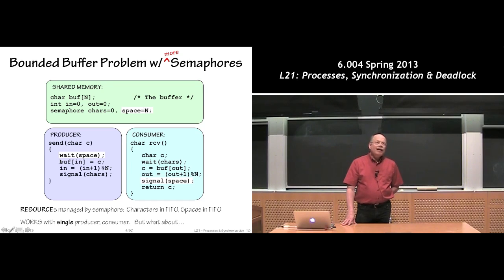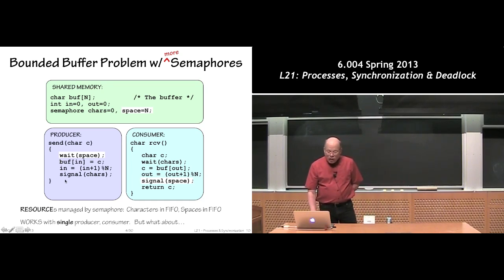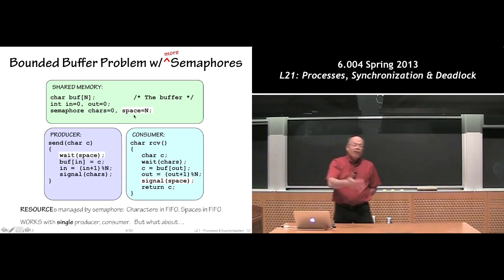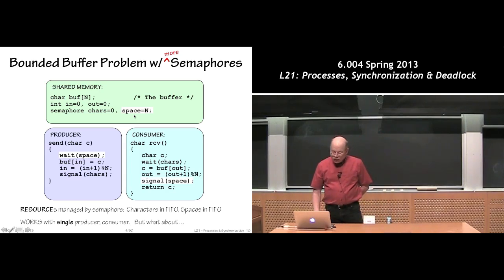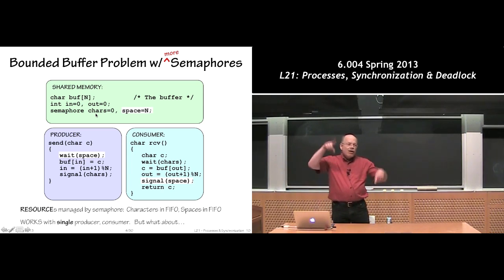Because space is initialized to n, so we basically can go around this loop how many times before it will stall, assuming the consumer is not running at all? N, right? After we've gone through n times, the space semaphore has been decremented down to 0. We've used up all n spaces. And after we've done that, what do we expect the character semaphore to be? N, right?